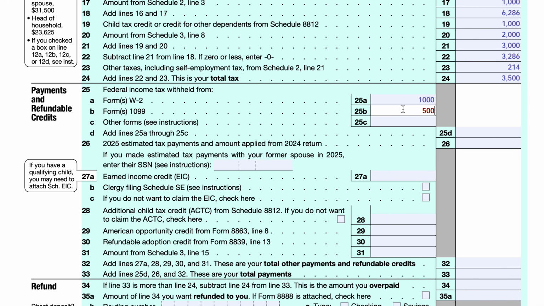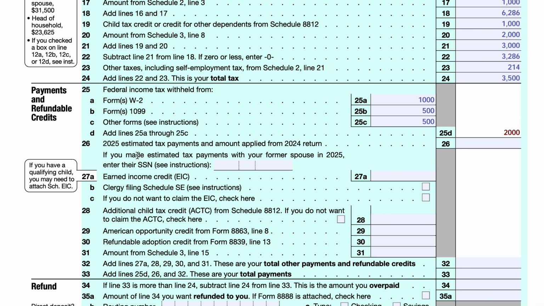If you had additional Medicare tax withheld on IRS Form 8959, if there was withheld tax on a Schedule K-1, or for more infrequent occurrences, any taxes withheld on Form 1042S, 8805, or 8288A. Those are all related to foreign income, so most taxpayers don't normally worry about that. So let's just say that that was another $500. So we're going to add these up in line 25D.